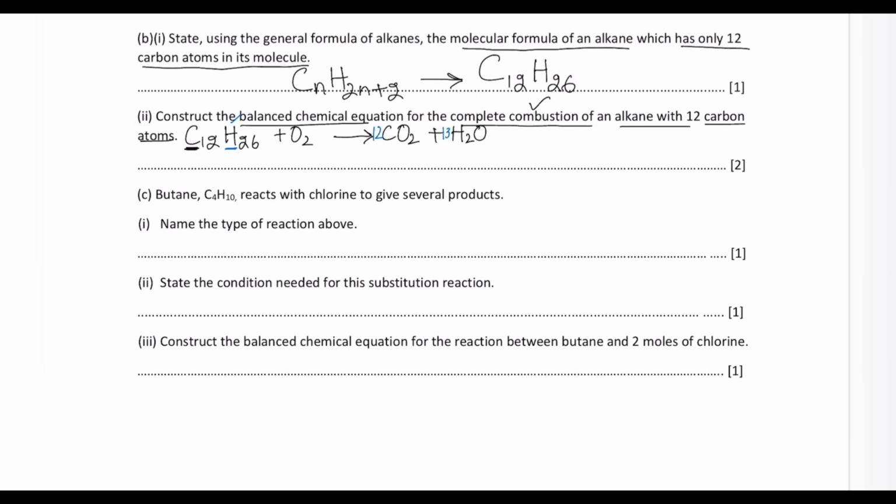Now we will look for the oxygen atoms on the product side. There are 12 into 2 makes 24, plus 13 oxygen atoms from water, so there are a total of 37 oxygen atoms on the product side. In order to balance it, I will write 37 with the oxygen molecule on the reactant side and multiply the rest of the equation by 2.